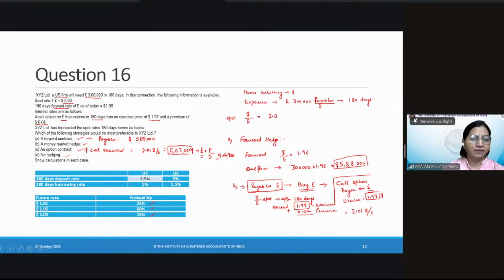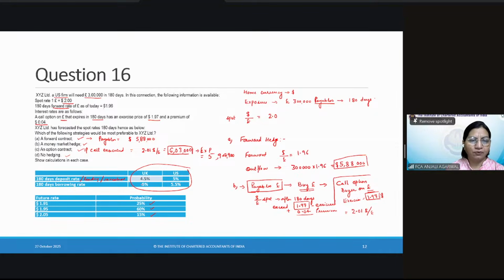Now let's look at the money market hedge. For money market hedge, we need to have the interest rates applicable in the two countries, which is US and UK. So instead of writing 4.5/5, here the deposit or borrowing rates are given. You can call it deposit, lending, or investment. So if you have to make an investment, you have to lend, or if you have to deposit, it's 4.5 in UK.